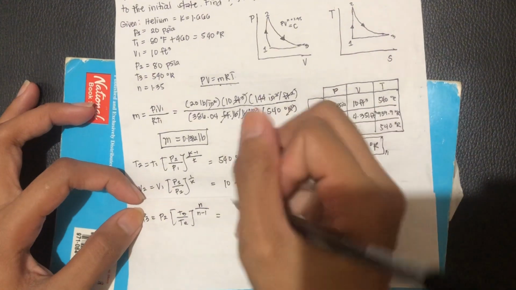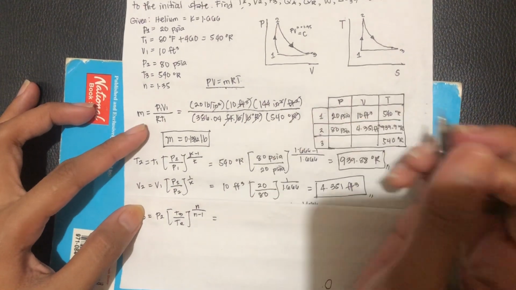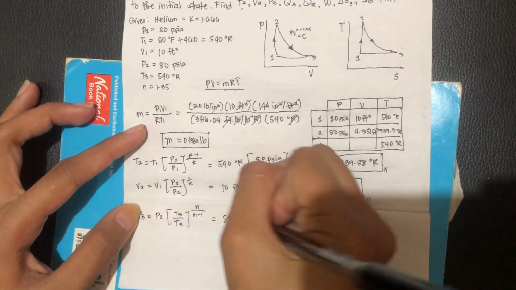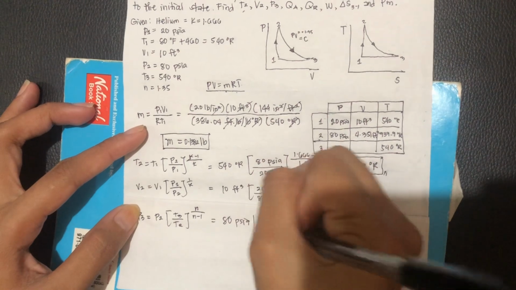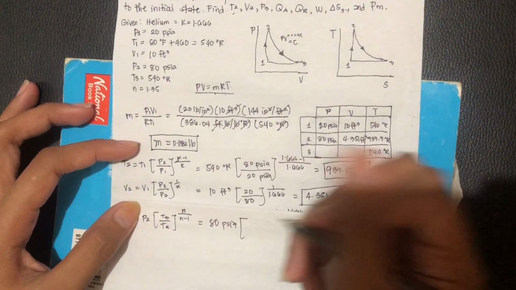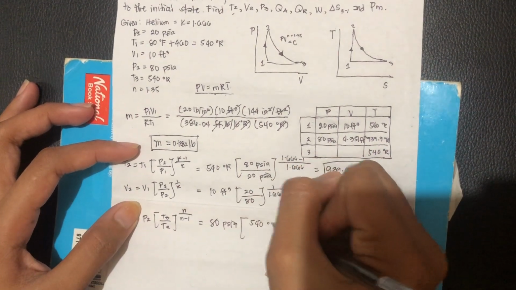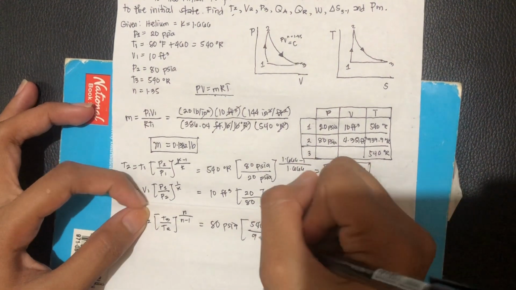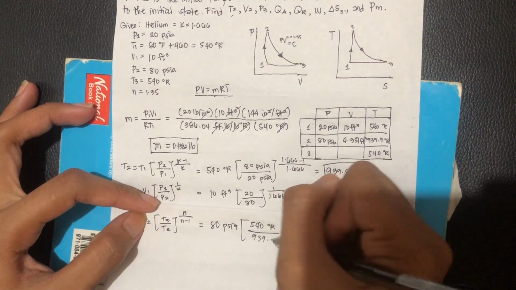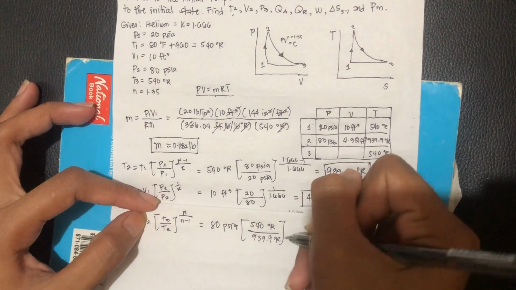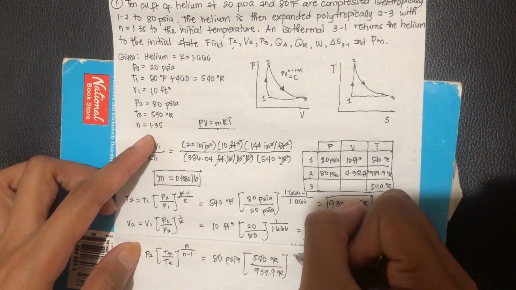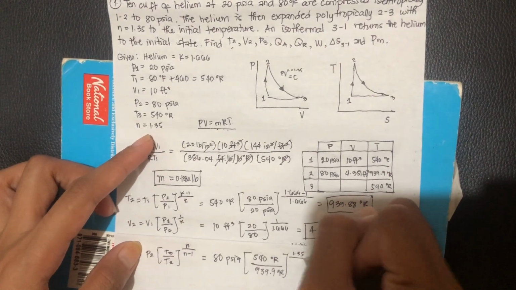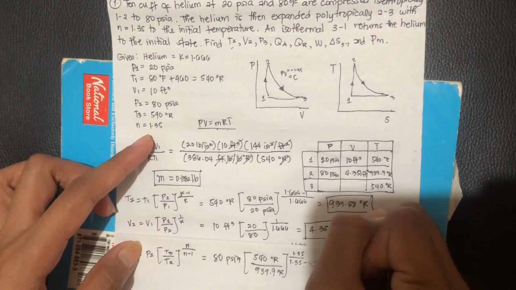Substituting, P2 is 80 psia, T3 is 540 Rankine over T2, 939.9 Rankine, and n is given as 1.35, so 1.35 over 1.35 minus 1.